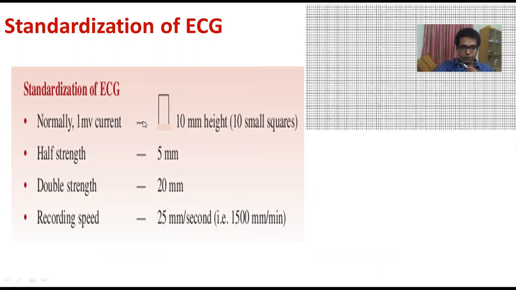This is the commonly used standardization. But you can use half strength, which is 5 millimeter, and double strength is 20 millimeter, and the recording speed is 25 millimeters per second.